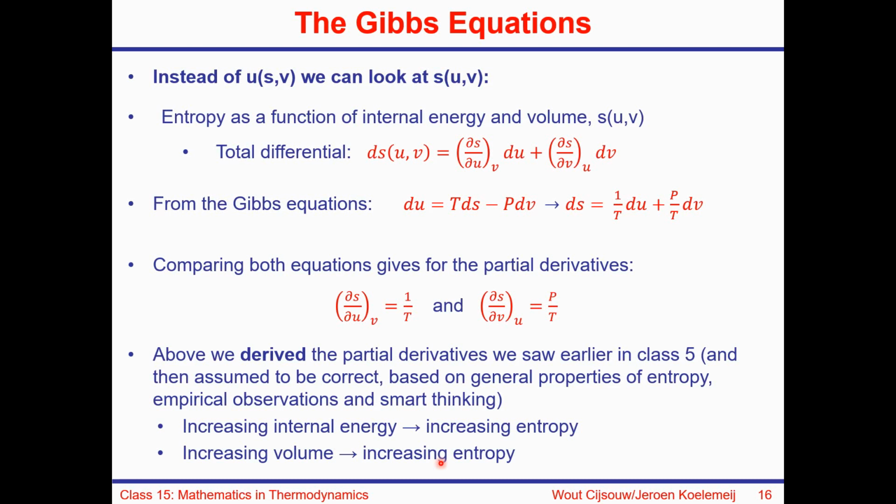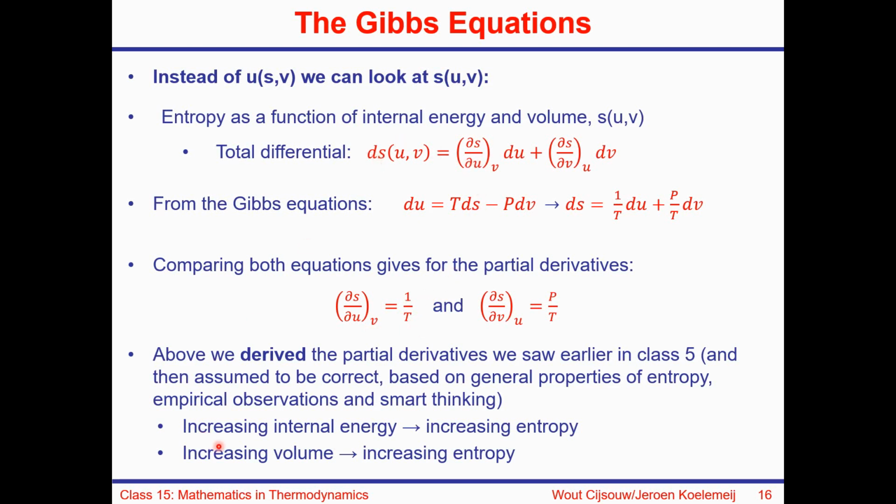And lo and behold, if we look at the total differential, which indeed describes the variations of entropy with a change in internal energy, we see that if there is a change du that's positive, then multiplying this with the partial derivative, which is 1 over t, which is also a positive quantity, automatically leads to an increase in the entropy.